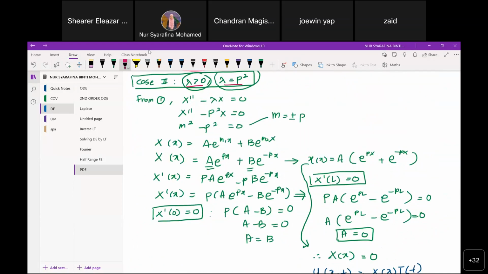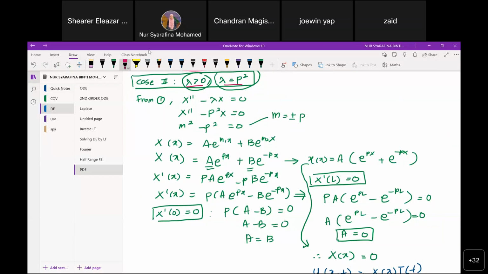For every value, if we put a square there, then it is always greater than 0, right? It is always positive. So we just assume that lambda equals p squared for lambda greater than 0 and lambda equals negative p squared for lambda less than 0.